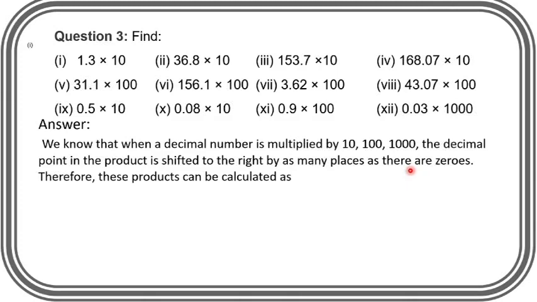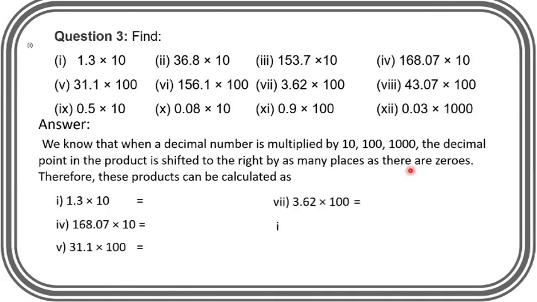Therefore, these products can be calculated as follows. In this I am going to solve 1.3 with 10, 168.07 with 10, 31.1 with 100, 3.62 with 100, 0.9 with 100 and 0.03 with 1000.